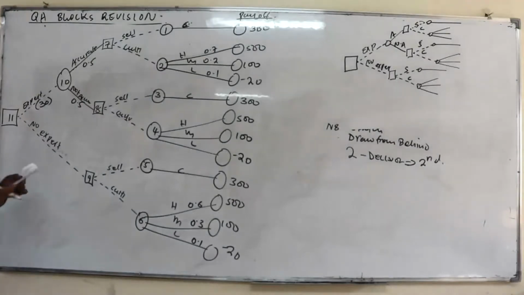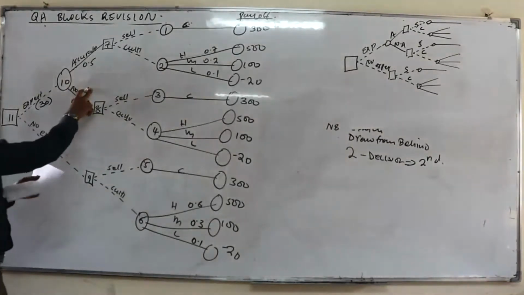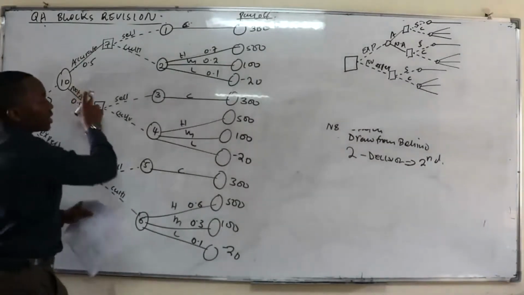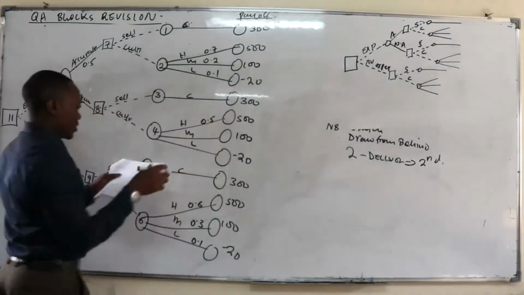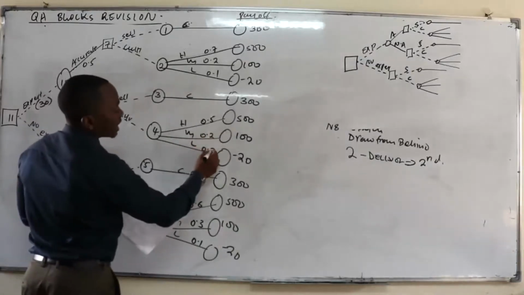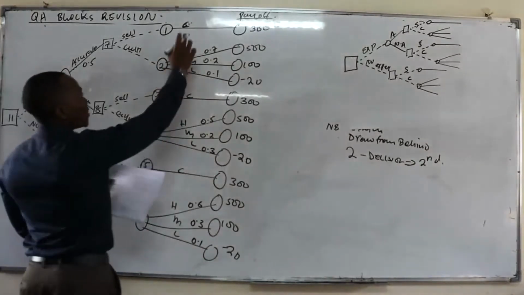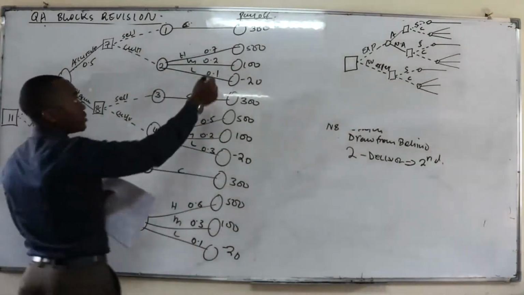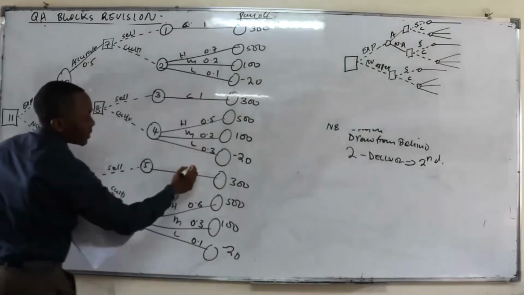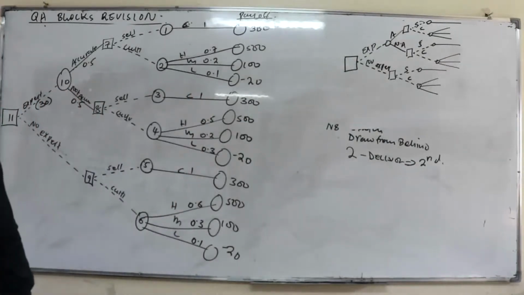If the result of the survey is not accurate, the probability of having high harvest will be 0.5, then 0.2, and 0.3. And then the probability of selling to the company is 1 because the outcome is certain. If the outcome is 1, probability is 1. Good. So now we have that information.